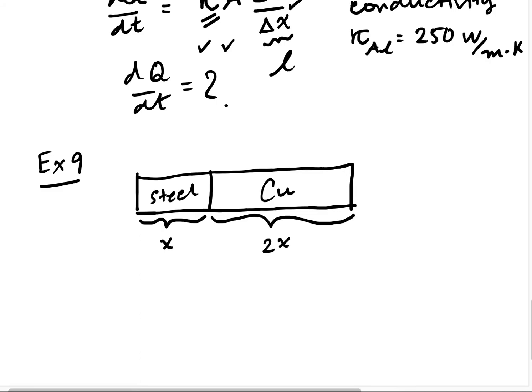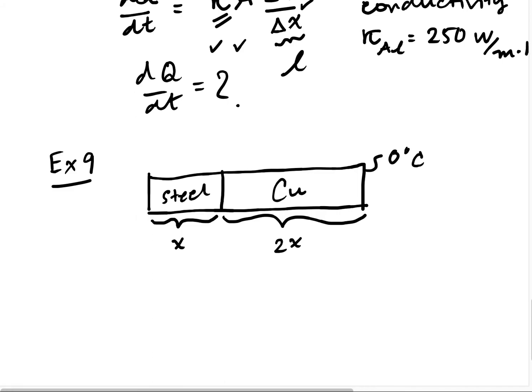The temperature at this end is 0 degrees Celsius, and the temperature at this end is 100 degrees Celsius. They want to know the temperature at the junction between steel and copper.